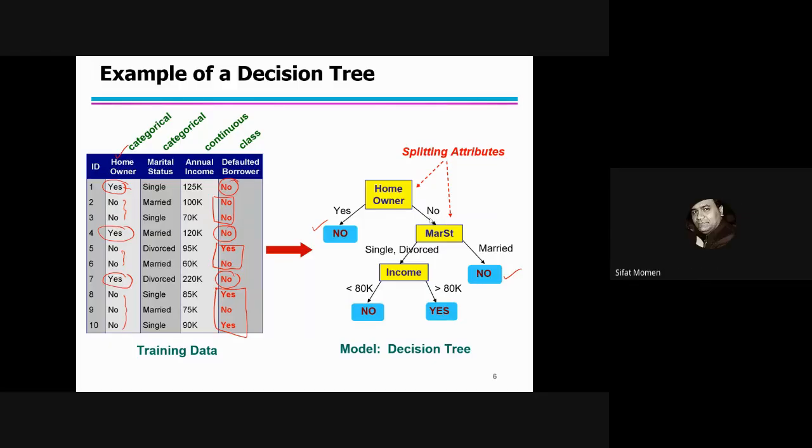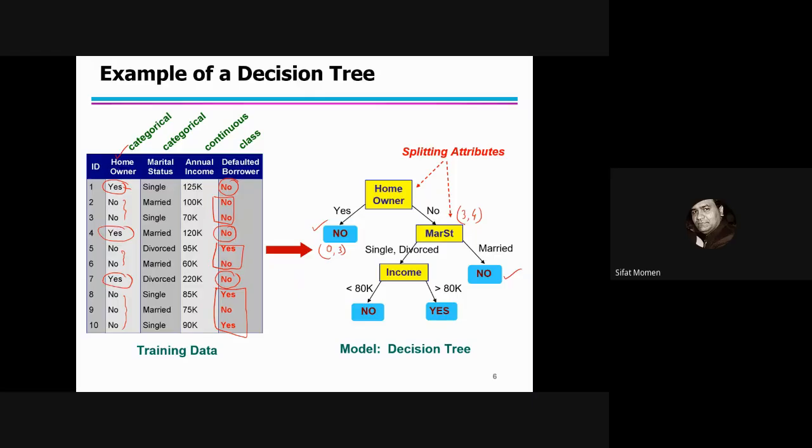You see this is 3 no's and 0 yes, so it's a pure set, meaning all are no, so we can just say no. But over here, how many yeses are there and how many no's? 1, 2, 3 yeses and 4 no's, correct, Nakina?